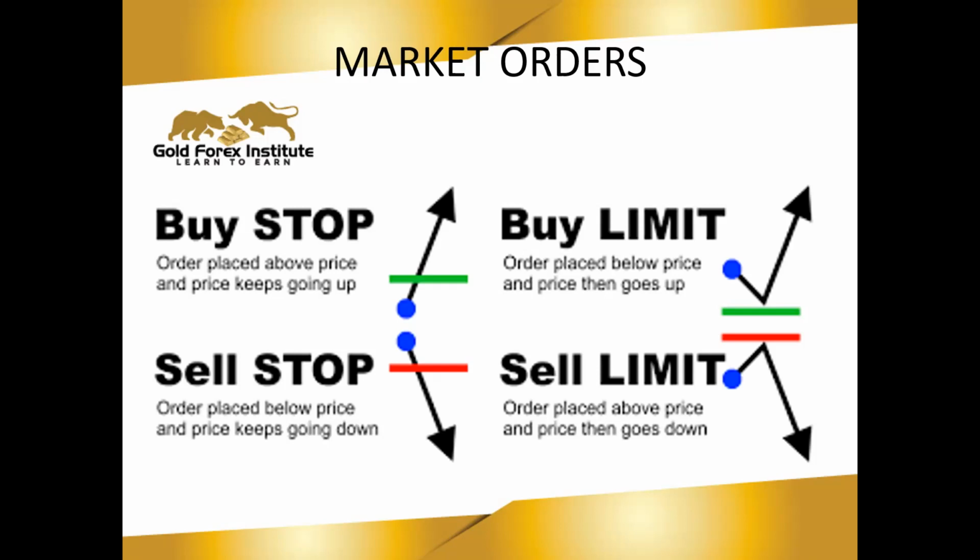But at 12 midnight, you may be sleeping, but you also want to trade. So that's why you use your buy stop or buy limit. So they say order placed above price and price keeps going up.